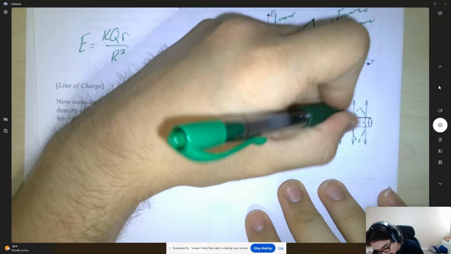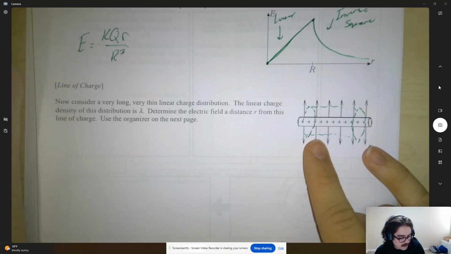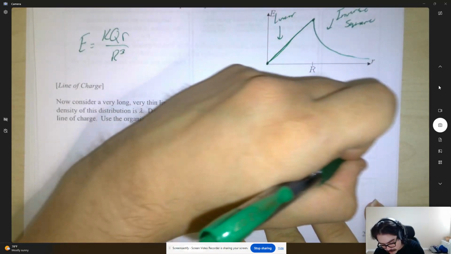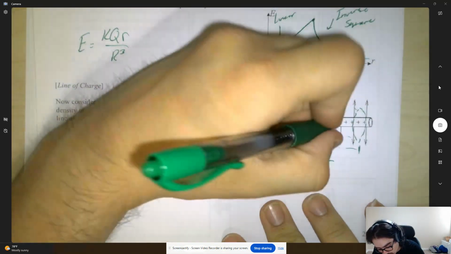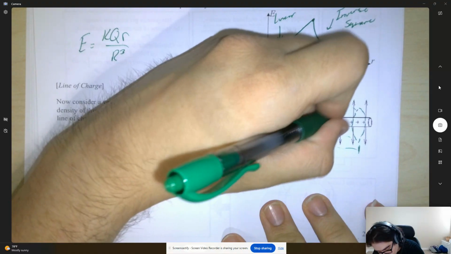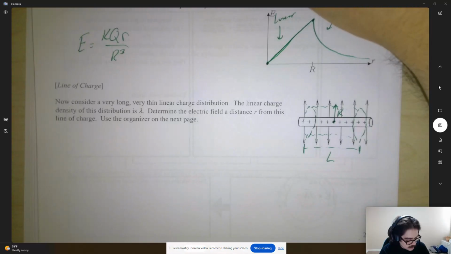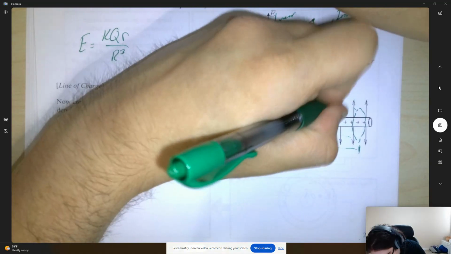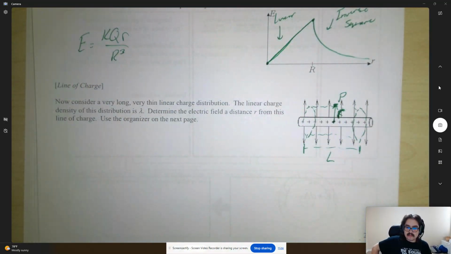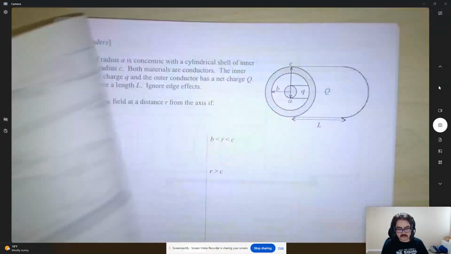It doesn't really matter what length I make it, so I'm just going to make it a length L. And then it's going to have some radius, let's use little r, sorry, I'm just going to try and be consistent here. And this goes out to a point P so that we can figure out the electric field at a distance r, right? It wants us to fill in the organizer on the next page, so I'll show you how we can do that one.